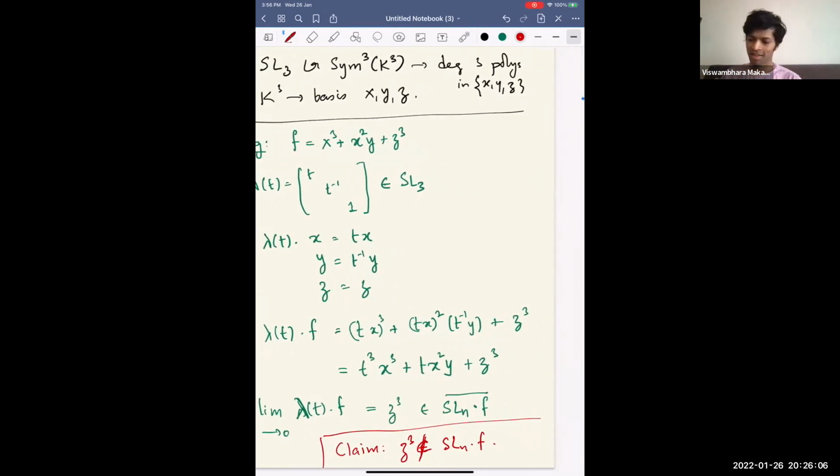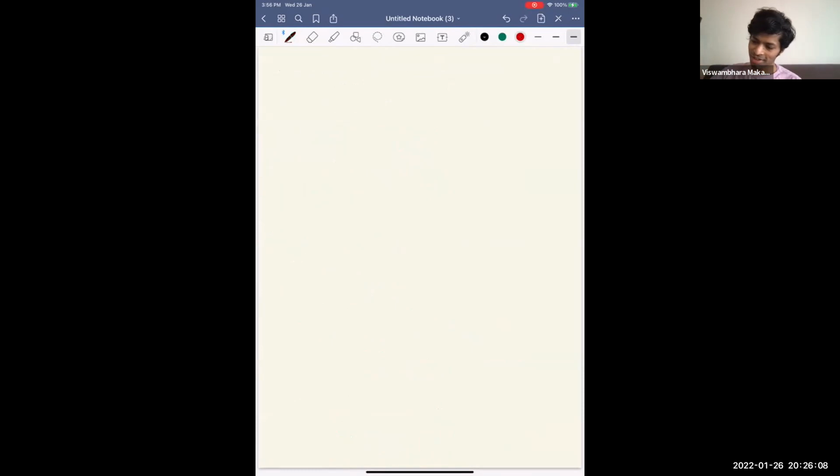Okay. So what I wanted to do was basically explain to you this criterion called the Hilbert-Mumford criterion. And here's what the criterion says.